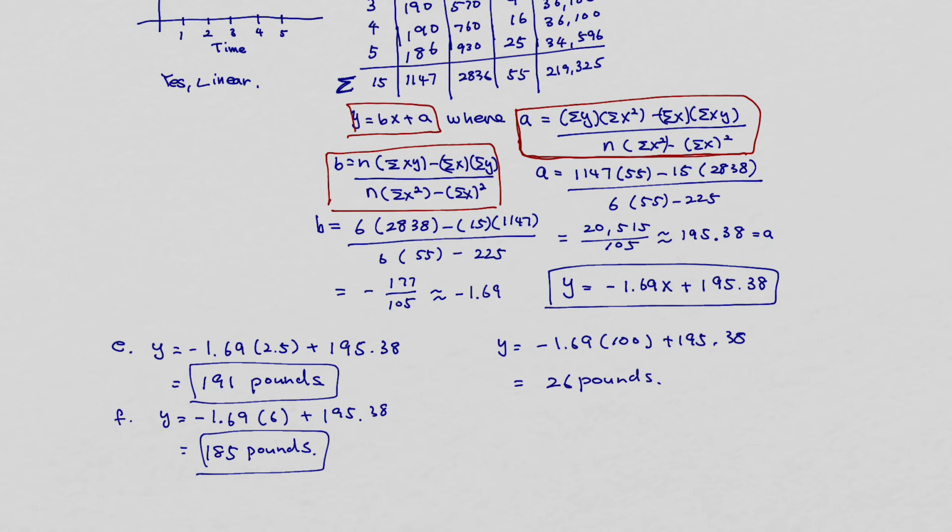And finding this, I will say this is not possible because an individual adult's weight cannot be 25 pounds. This would have to be a really, really small baby. It means that you're not going to lose weight after the 100 weeks at the same rate. The weight loss will slow down.